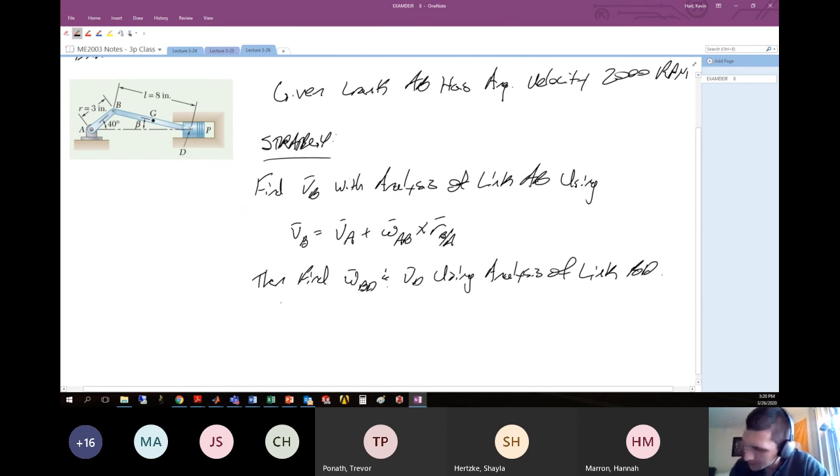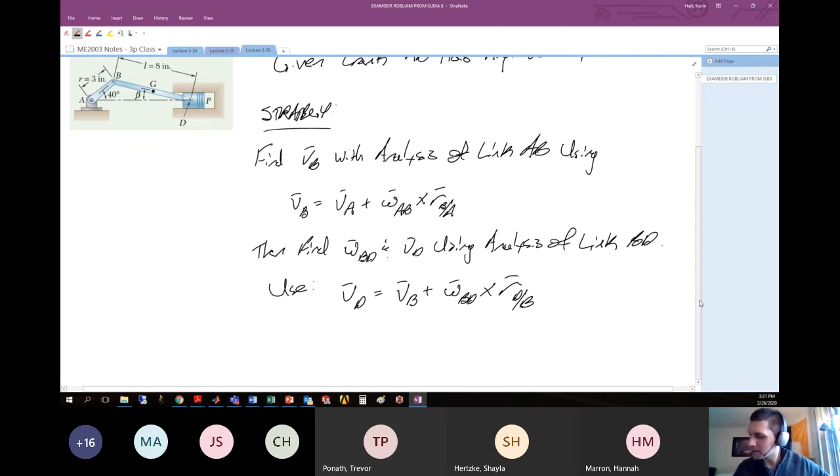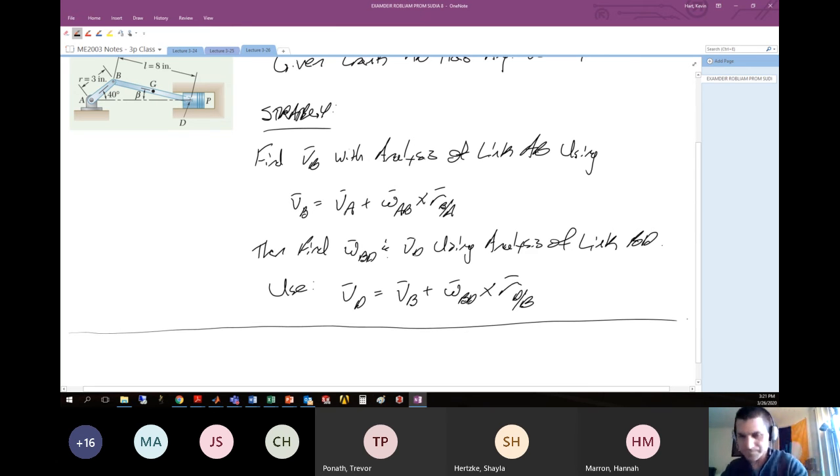So again, we'll use our relative velocity equations, something like the velocity of D is the velocity of B plus the angular velocity of link BD crossed with the position vector locating D from B. All right. So again, just writing our relative velocity equations over and over and over. All right. So that's going to be the general strategy. So let's get on with it.